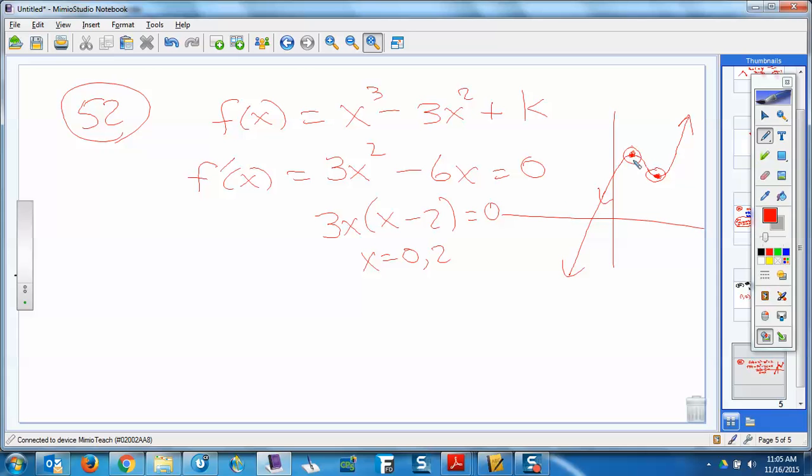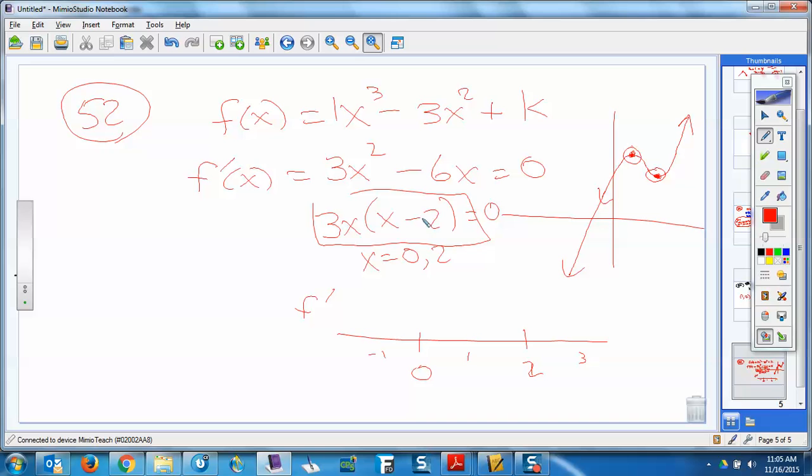Well, since I know this had a positive leading coefficient, I know it's going to have a local max first, and then a local min, right? Now, let's say you hadn't even thought of that, so you do a number line, that's fine. We could put in some numbers here, right? Put a negative 1 into here. Negative 1 would make this negative.